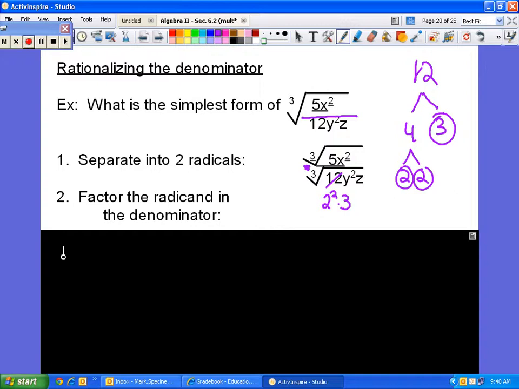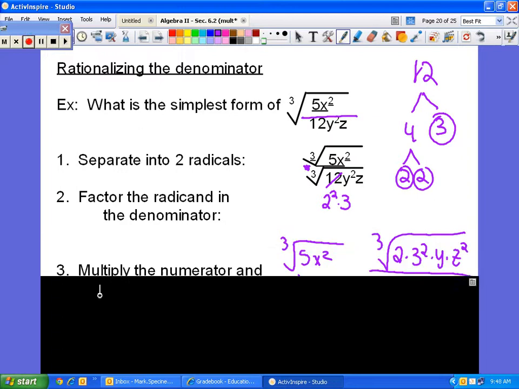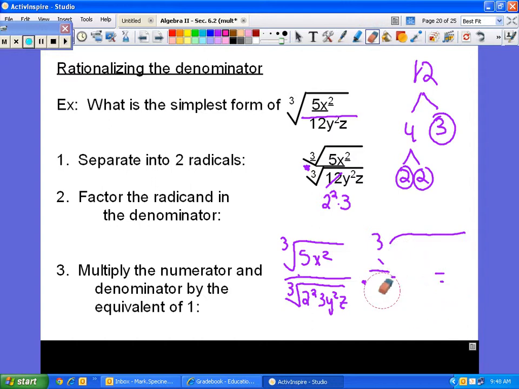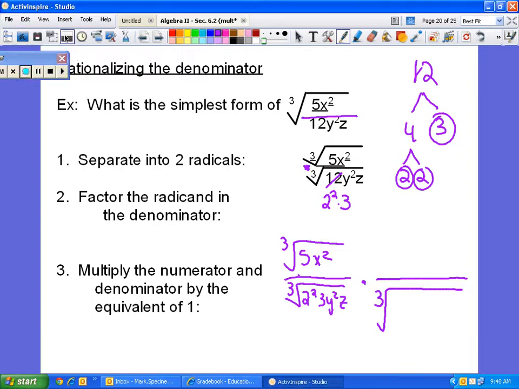The way we accomplish that is we're going to multiply the denominator by whatever helps us get groups of 3. Because we're dealing with the cube root, what we want in the denominator are groups of 3.